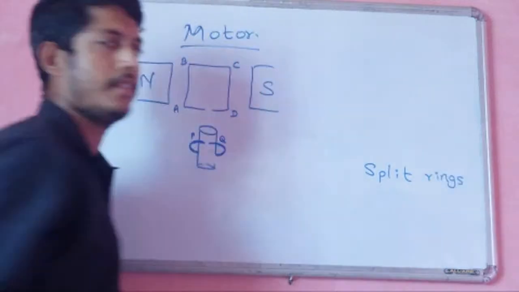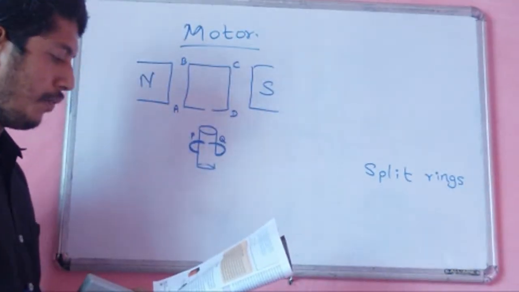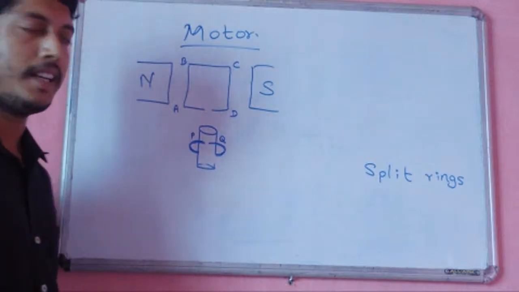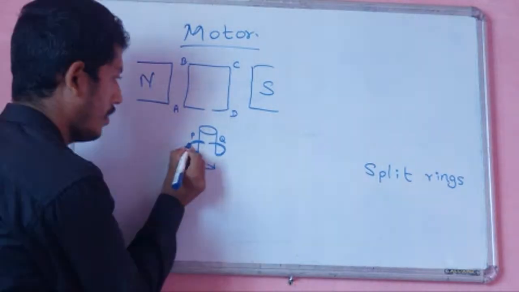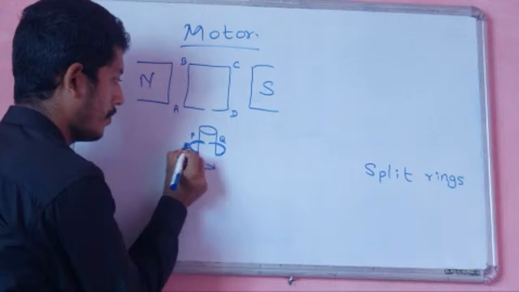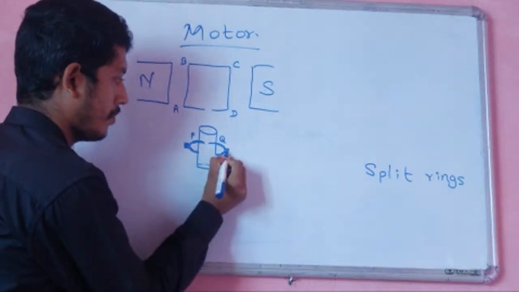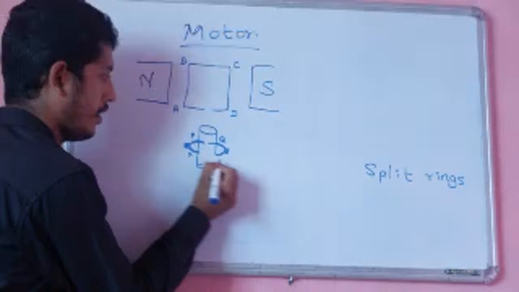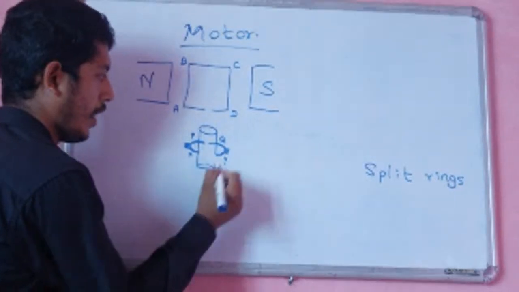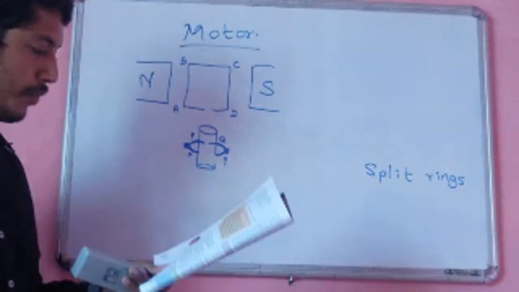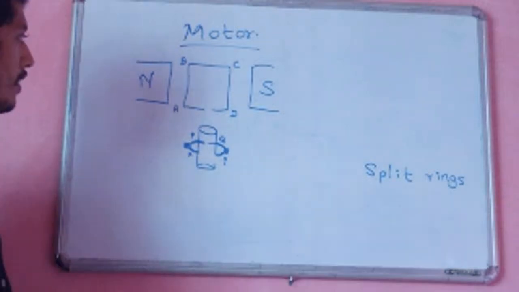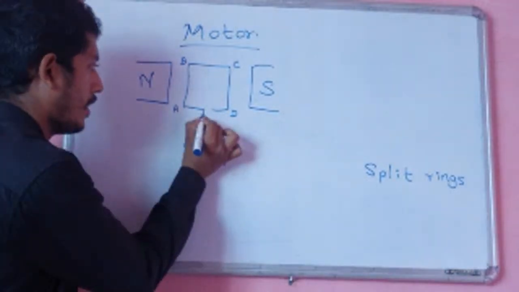Then for the split rings, two brushes are connected. X and Y are the names for the brushes.